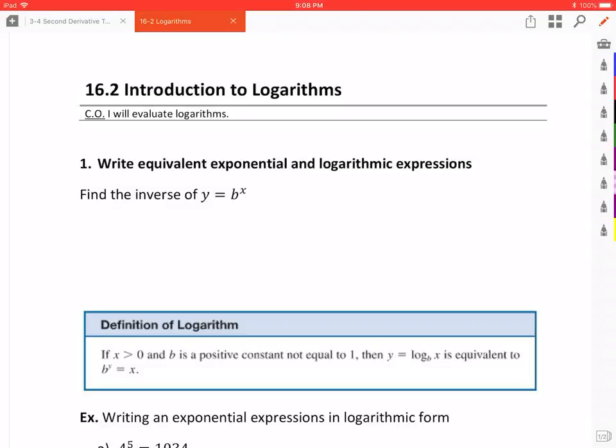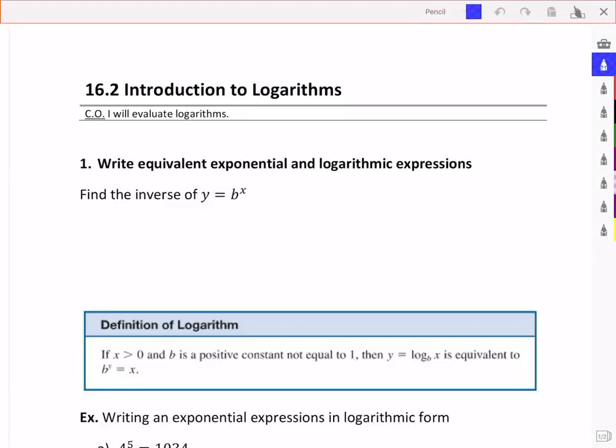First of all, remembering from last week, to find an inverse, you'd start by writing y instead of f of x. Well, we don't even have f of x, so we're good there. Then we switch the x and the y. So I've got x equals b to the y, which means that in order to solve for y, we're going to have some other kind of operation.